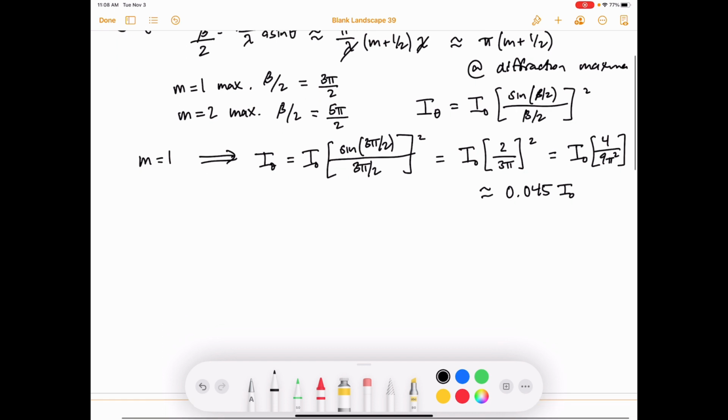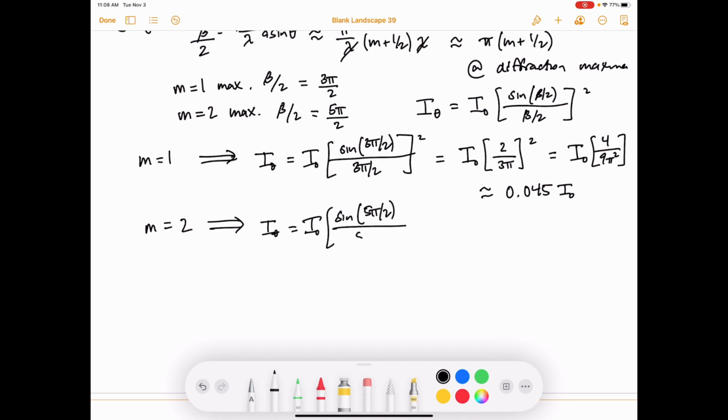And then if m is equal to 2, then we have I theta equals I0 times sine of 5 pi over 2 as before, divided by 5 pi over 2 on the bottom, all squared. That's going to be I0 times 2 divided by 5 pi, all squared, because the sine term just goes to 1.